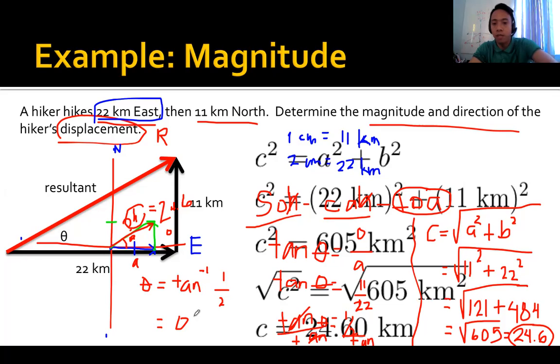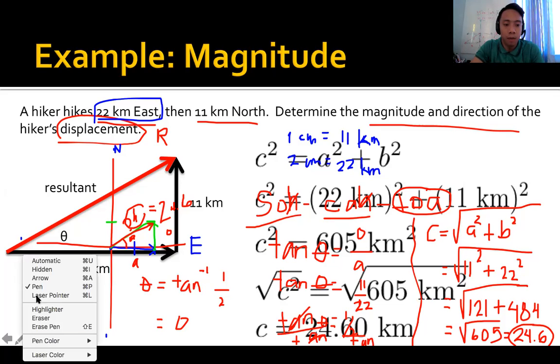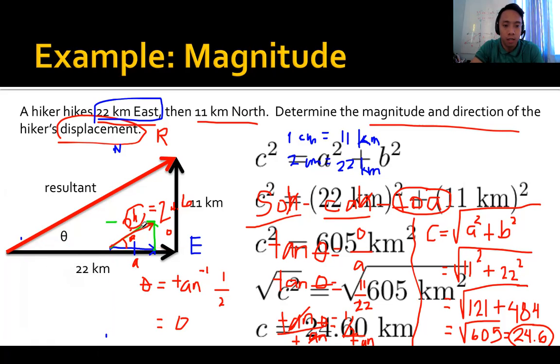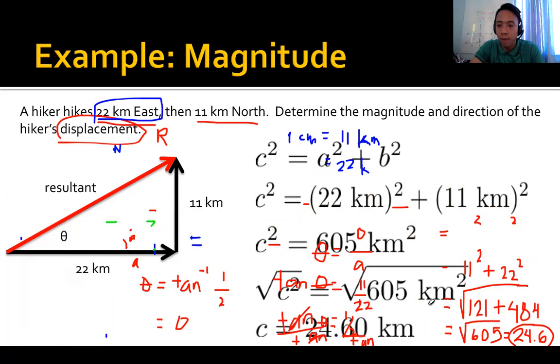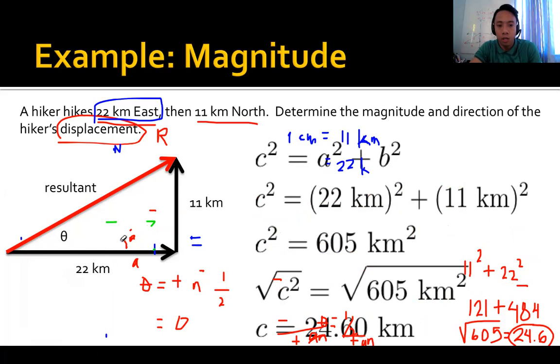Okay, so we have the same answer na 24.6 in finding the value of the hypotenuse.